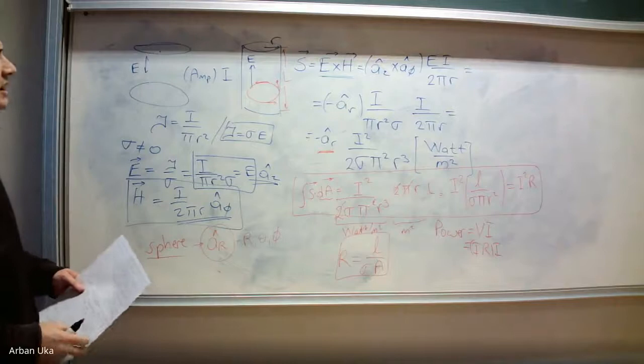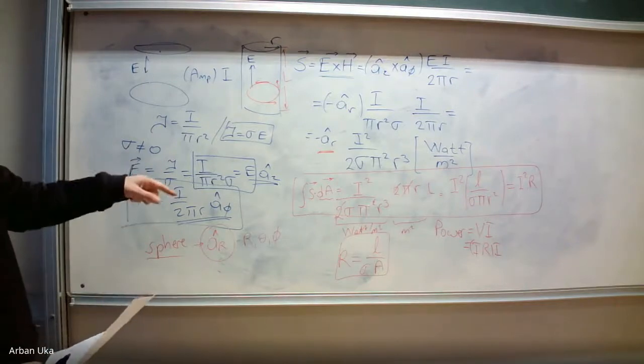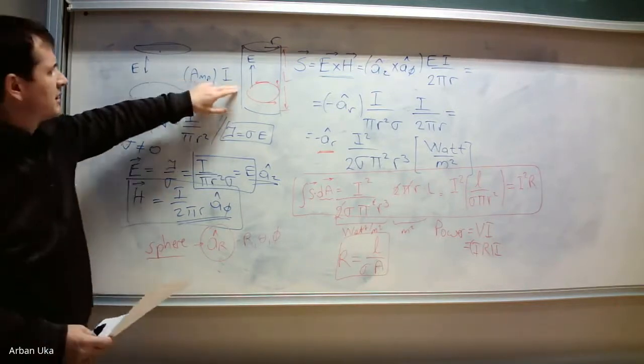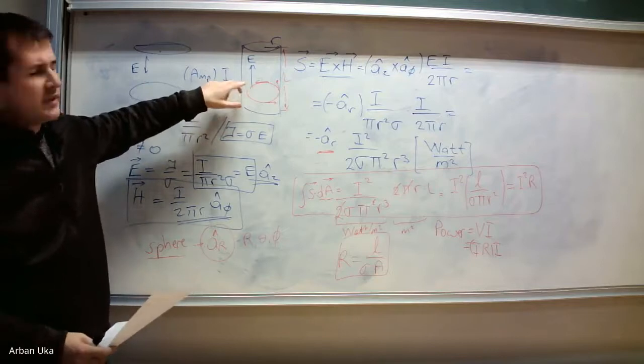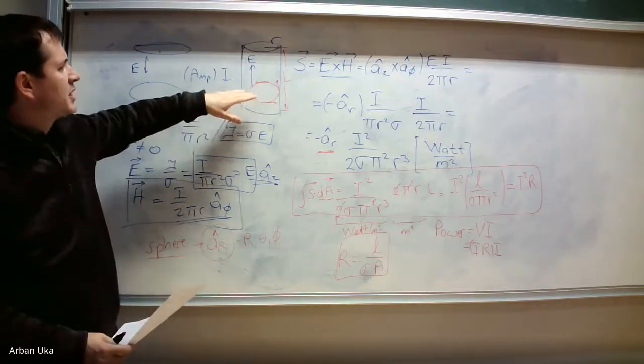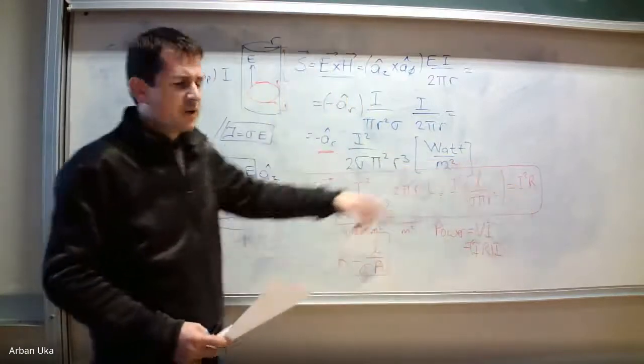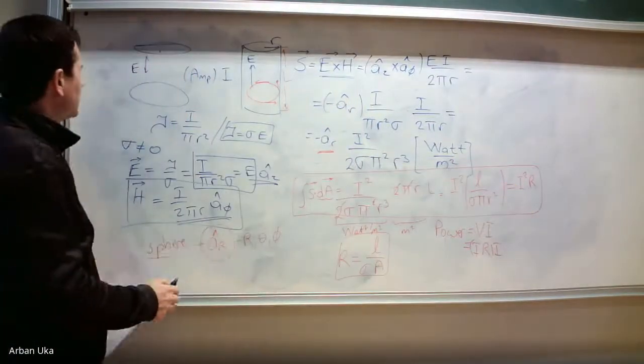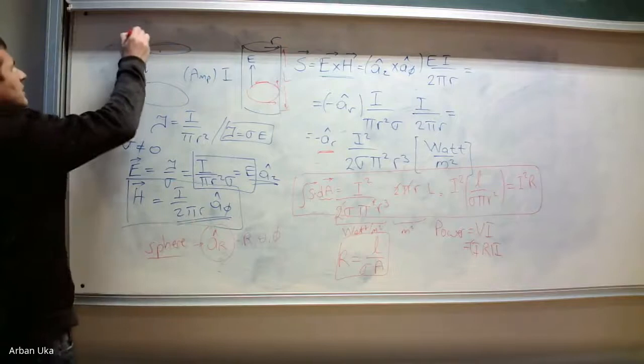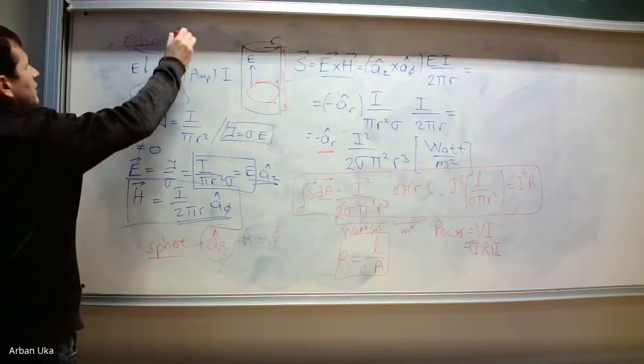So what we can obtain from here is that the energy loss in a wire can be expressed as I squared R, which is the ohmic loss. So maybe we can write it somewhere. I think we can write it here, ohmic loss.